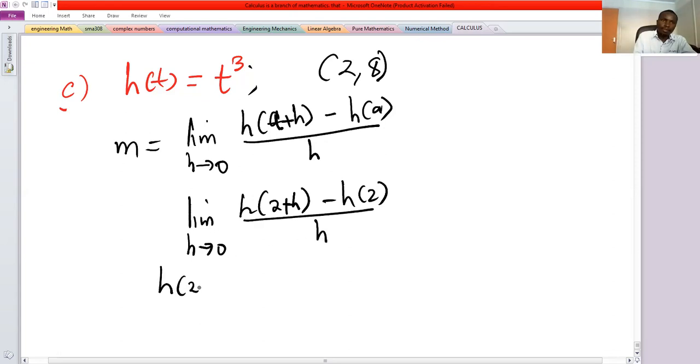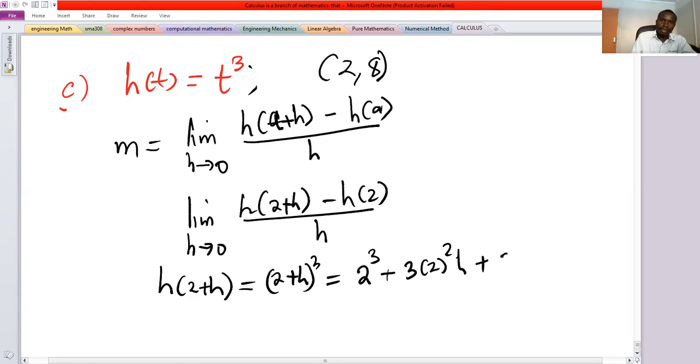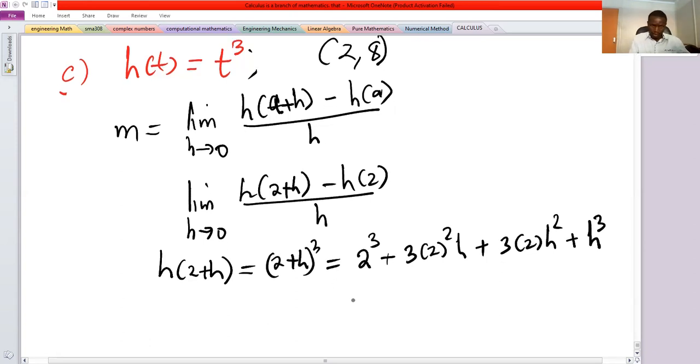Now h of 2 plus h will be 2 plus h power 3, which is 2 cubed plus 3 times 2 squared h plus 3 times 2 times h squared, and then plus h power 3, just using binomial. So it should be 8 plus 12h plus 6h squared plus h cubed.